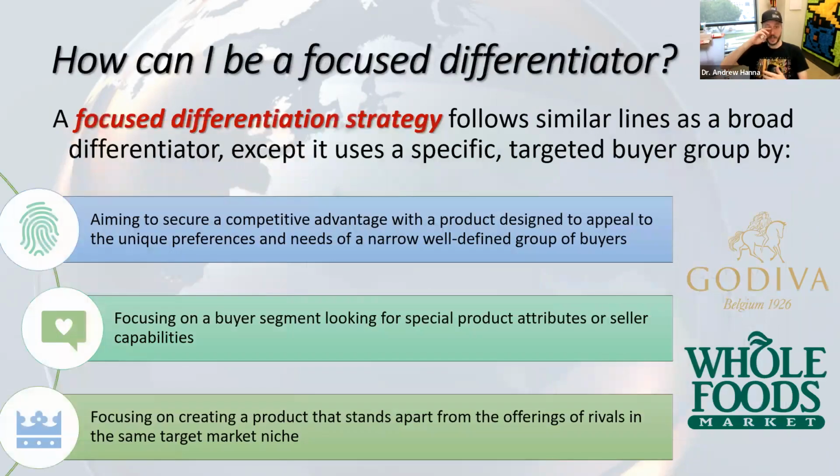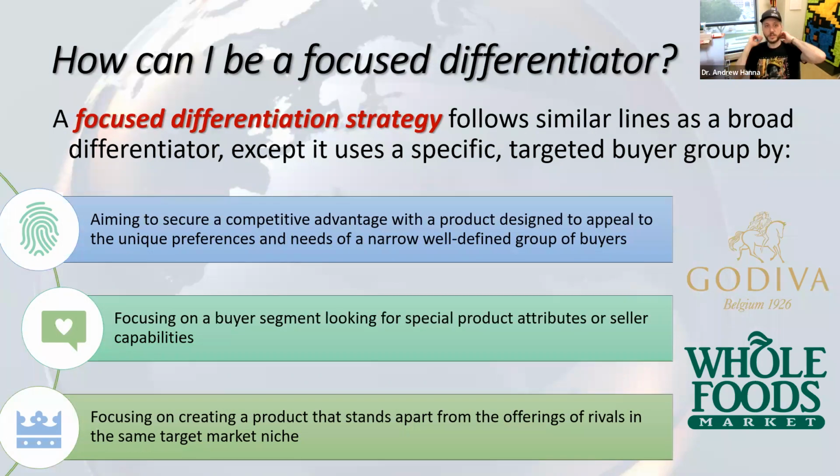So finally, we were talking about it from a high level there, from this broad differentiation status. Just keeping in mind, as we shift to looking at the focused differentiation strategy, it's not any different in its principle, except now we're just differentiating for a specific targeted smaller niche market group, right?